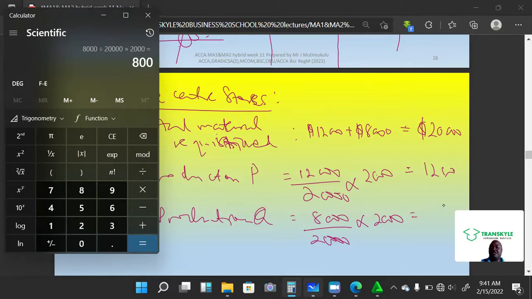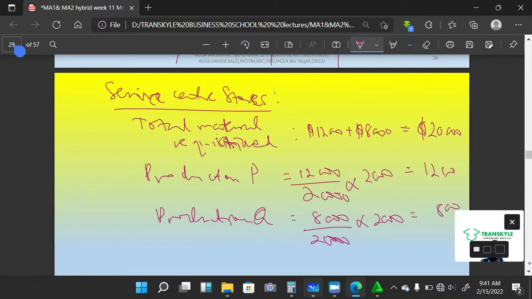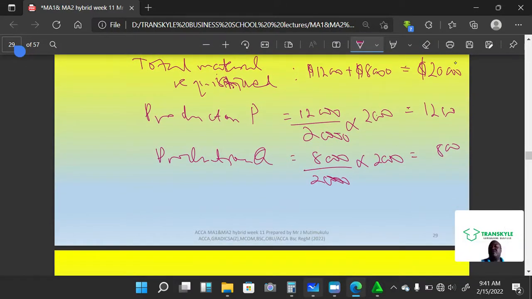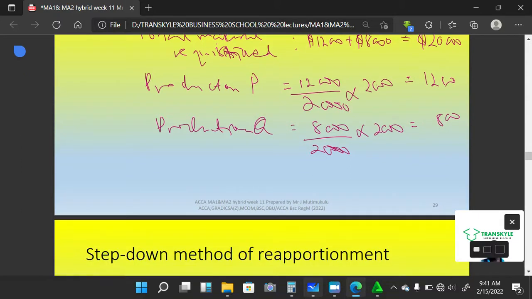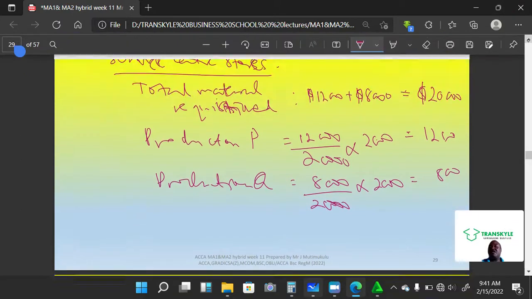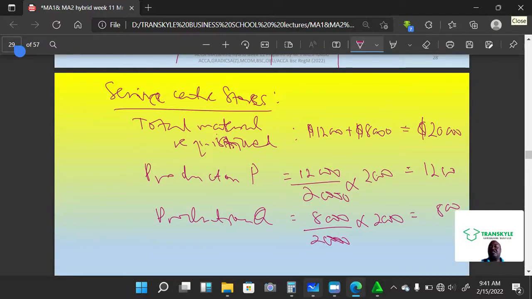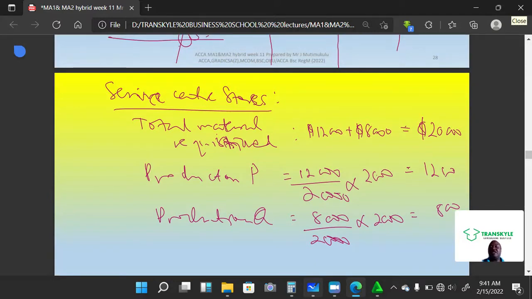We get 800. Just to cross check yourself, if you add up 1,200 plus 800, you come back to 2,000. That's how you can check yourself in the exam. We don't want people who just go into the exam and come out failures. We want people who can cross check themselves to see if they did the right thing.